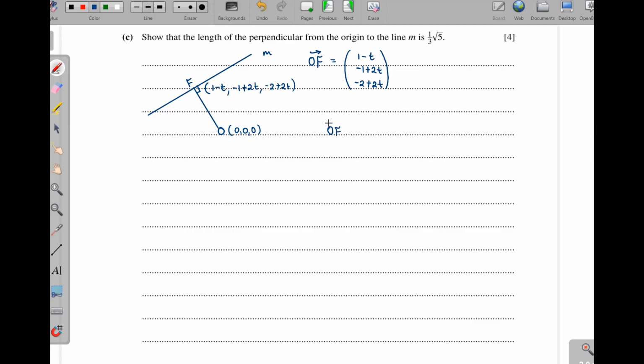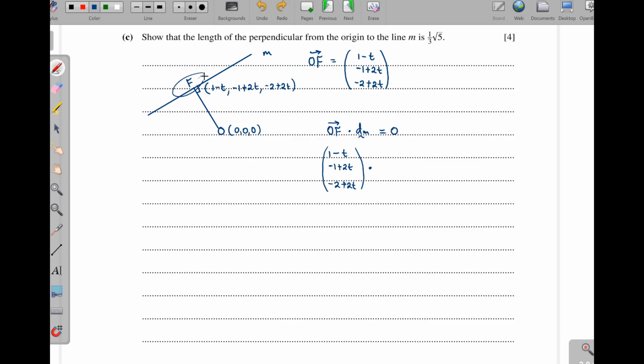So OF dotted with the direction vector of M gives us 0. This will help us find the value of t, and then we get the coordinates of F.